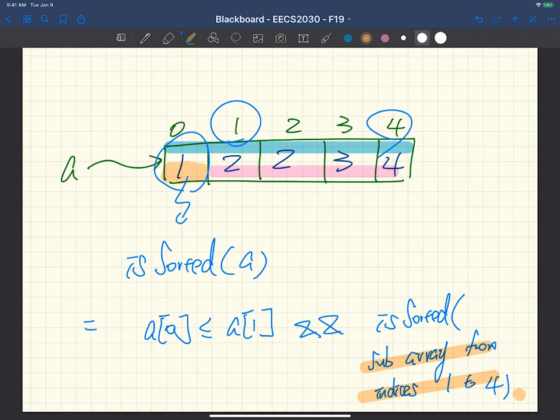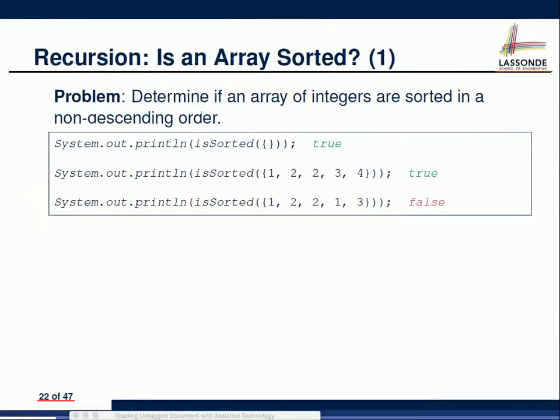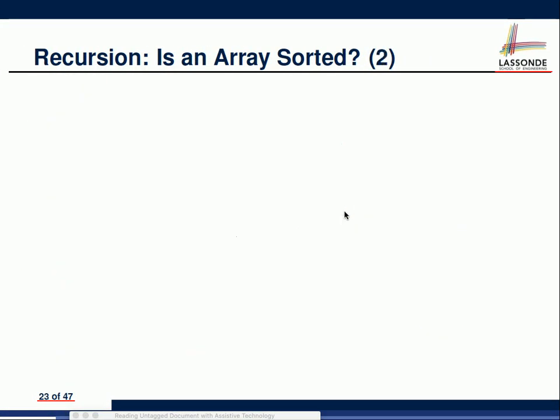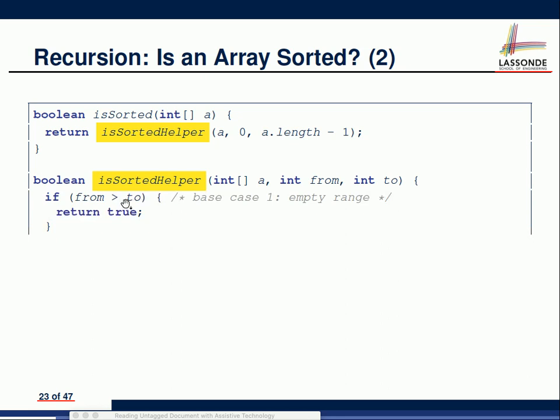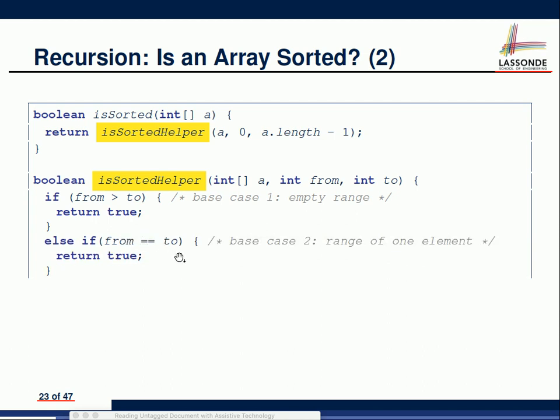Let's do that quickly, okay? Let's see the code very quickly. All right, so now what you will see is, number one, isSorted simply calls the recursive helper method, from 0 until the last index, same as before. And then in the isSorted helper, if from is larger than to, that means empty array. I return true, okay? If from is equal to to, that means a single element array.